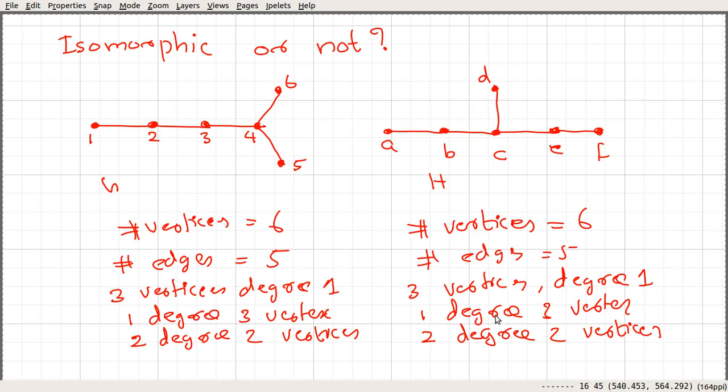So it seems like these two graphs are isomorphic.